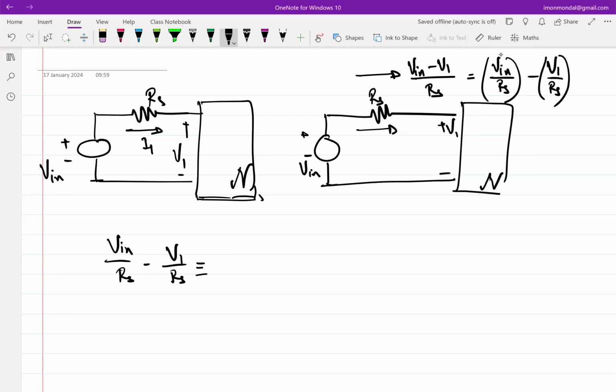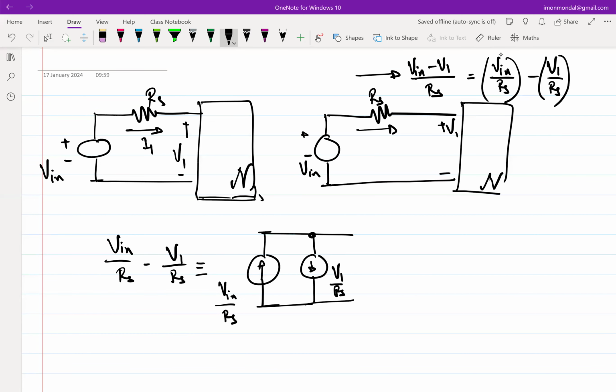So I can as well say that if I can get another source, pictorially, it should look something like this. If I have a current source of value V in over Rs, and I take out some current V1 over Rs, and maybe something is connected here, what is the current that is going in?